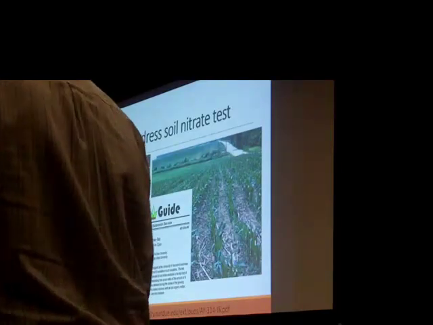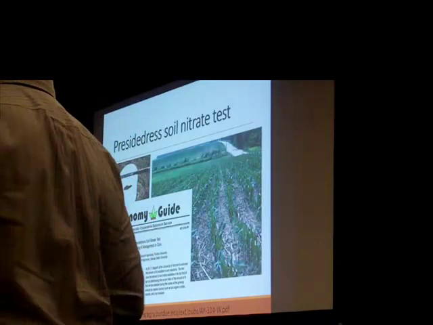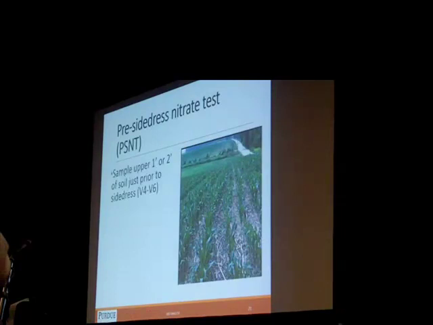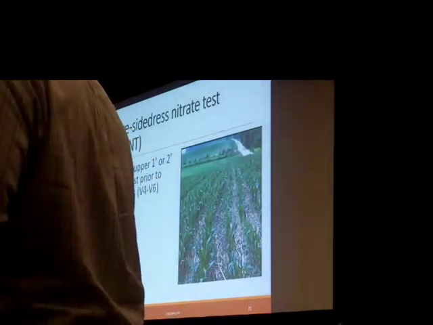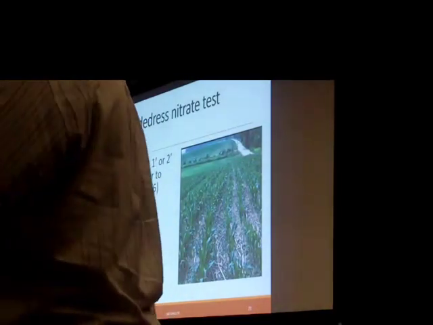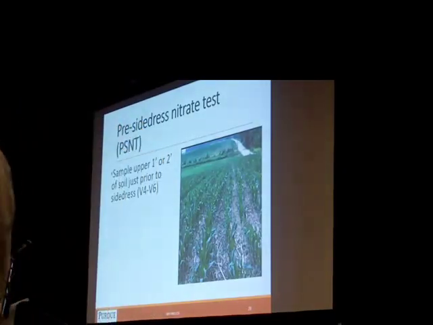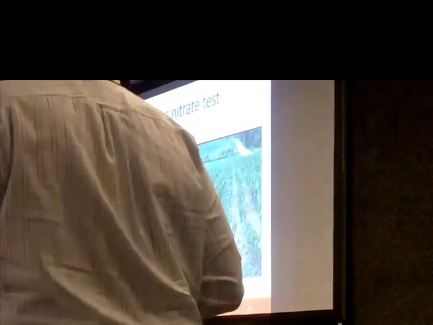And the one that we've typically relied on has been the pre-sidedress soil nitrate test to measure what's in the soil early in the season, and then making adjustments beyond that. There's sensors and there's computer models and aerial imagery and satellite imagery. Those things are coming on. And they are going to be most useful in manure fields. But really, there's not a lot of data yet to support their use.